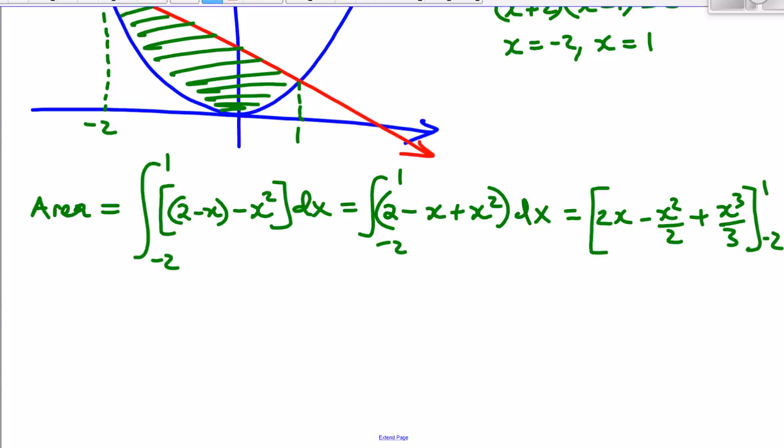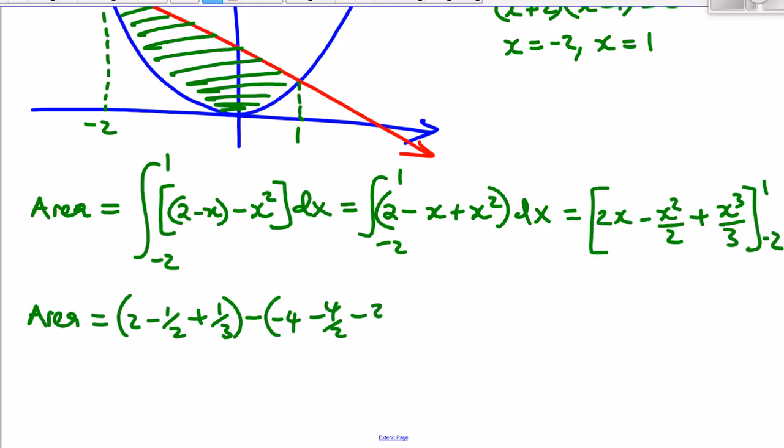So area will be 2 minus a half minus a third, minus negative 4 minus 4 over 2 plus 8 over 3, which is equal to 9 over 2. That's it.